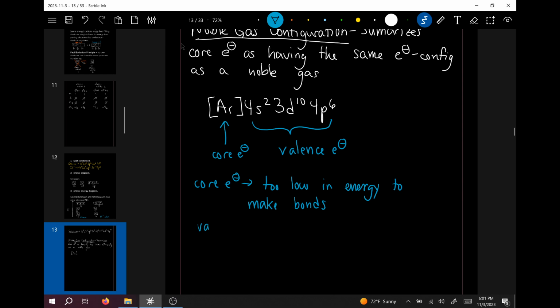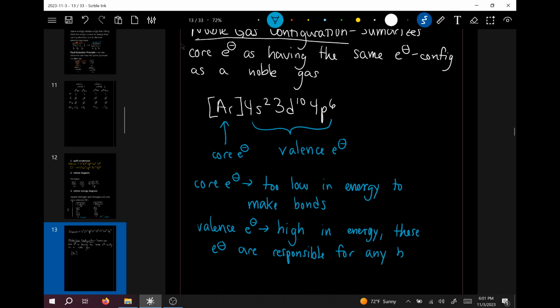Valence electrons are high in energy. These electrons are responsible for any bond formation.